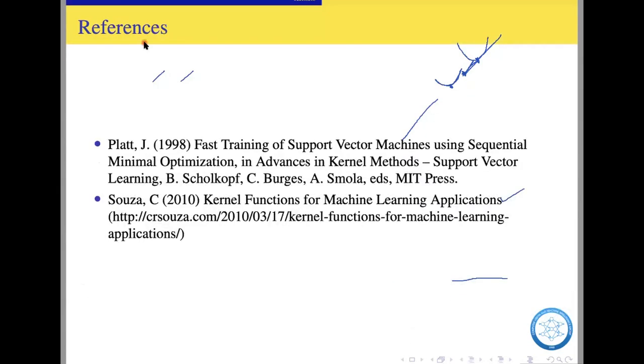Okay, so references. The one by Platt is important. So this is the paper here by this author. Now, if you are interested in kernel functions, you may refer to this blog. It tells you the available kernel functions for machine learning applications.